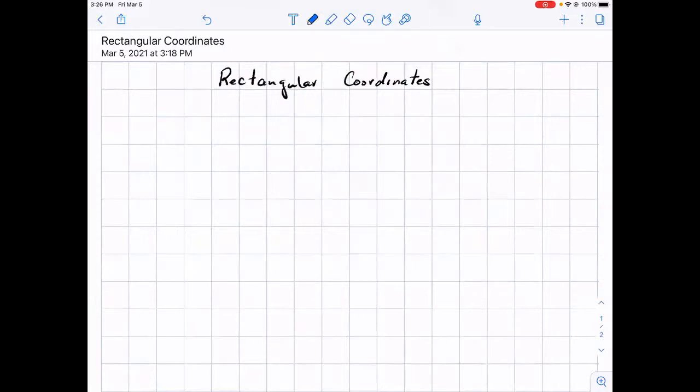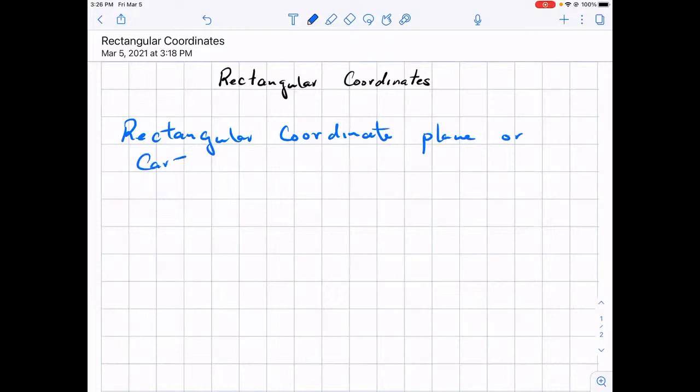It's the rectangular coordinate plane, or what we call the Cartesian plane. And we also refer to this as sometimes the x y axis.